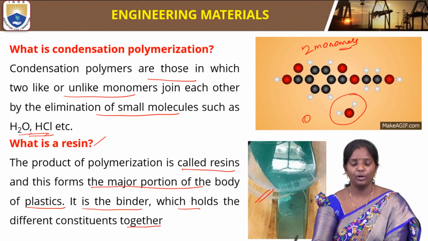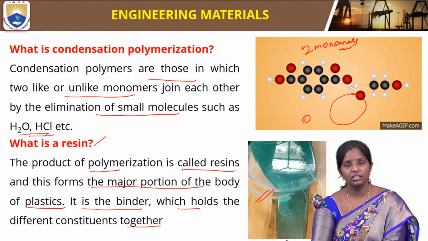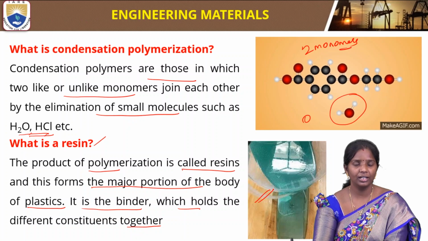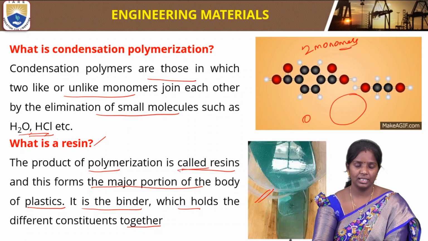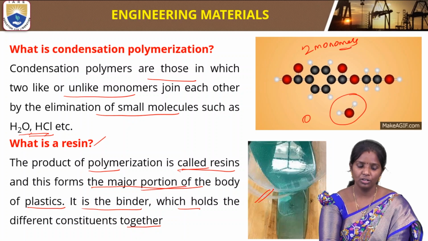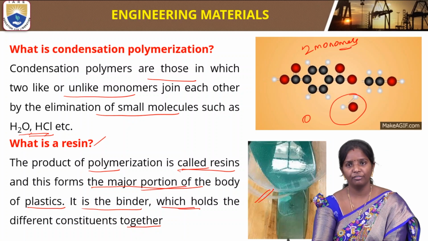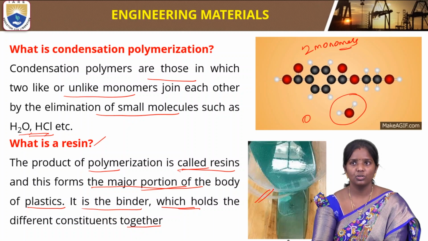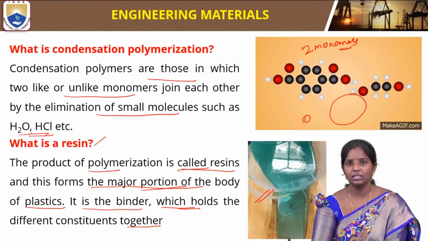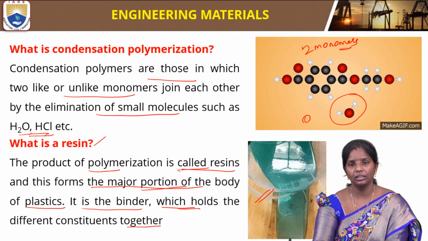The product of polymerization, either addition or condensation, results in the formation of resins. The stabilizers or any other constituents present in that polymer are kept together by this resin.